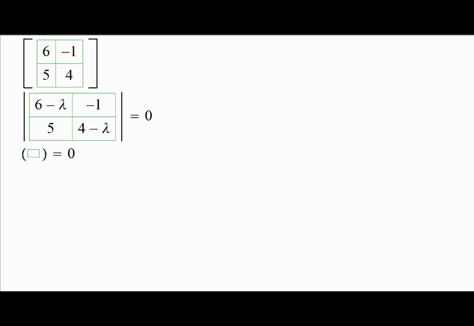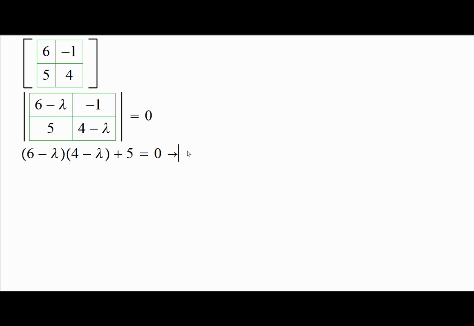We get 6 minus lambda times 4 minus lambda, and then plus 5 equals 0. If we FOIL these together, what do we get?